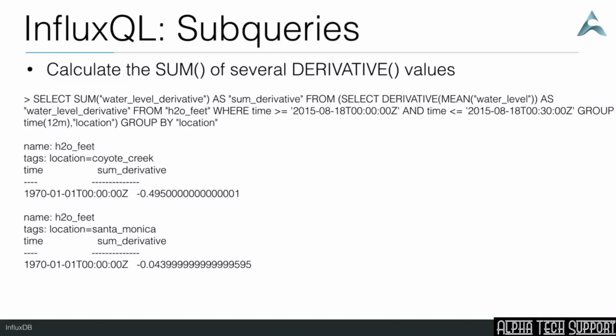It performed that calculation for each tag value of location and names the output column water_level_derivative. Next, InfluxDB performs the main query and calculates the sum of the water_level_derivative values for each tag value of location. Notice that the main query specifies water_level_derivative, not water_level or derivative, as the field key in the sum function.